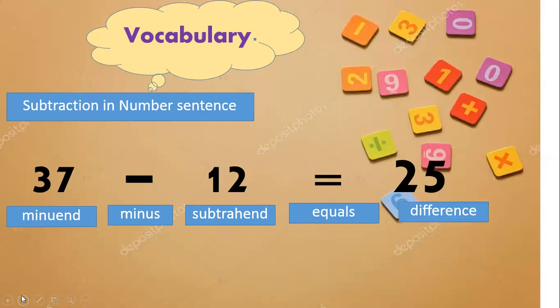The last word is the difference, which is the result of minuend minus subtrahend equals difference, represented by the number 25. Those are our vocabulary in subtraction. They are named in their own places, in their own positions.